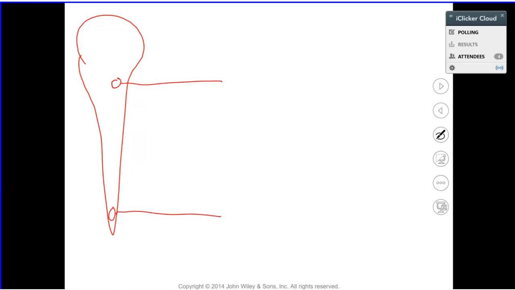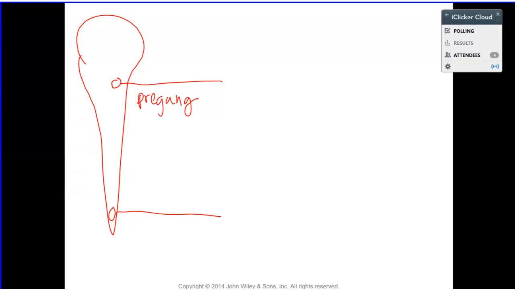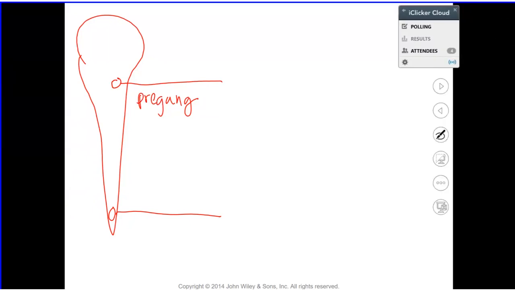What do we call this first neuron? What does this first neuron always produce? Since it always releases ACH, what type of neuron is this neuron?